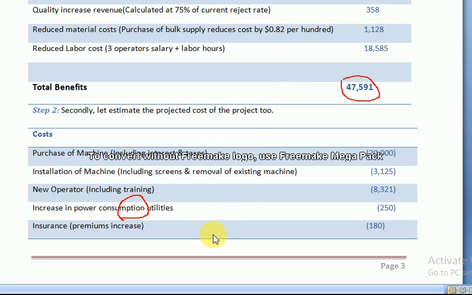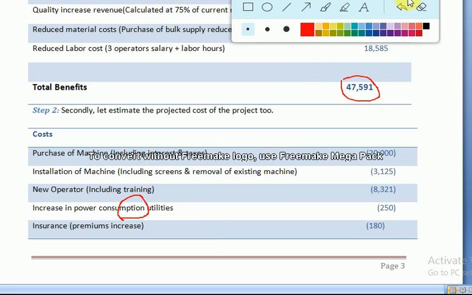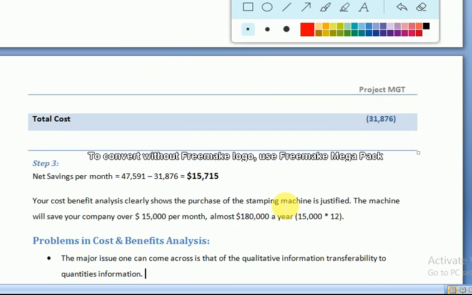These are the sum of the benefits. So in step number 3, the sum of all benefits, which being a project manager we sum. So 47,591 per month total benefits minus per month total cost. The total cost we already calculated, which is 31,876.